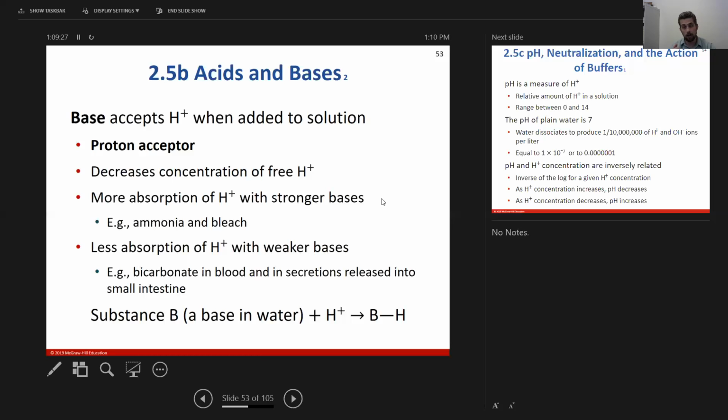It's taking up all of those hydrogen ions and breaking apart the molecules that make up your skin. So your bases and your acids can both be caustic, but they're just working in different ways.